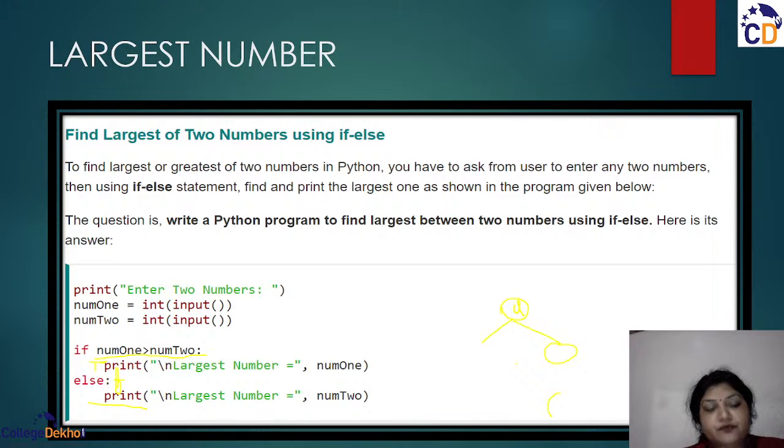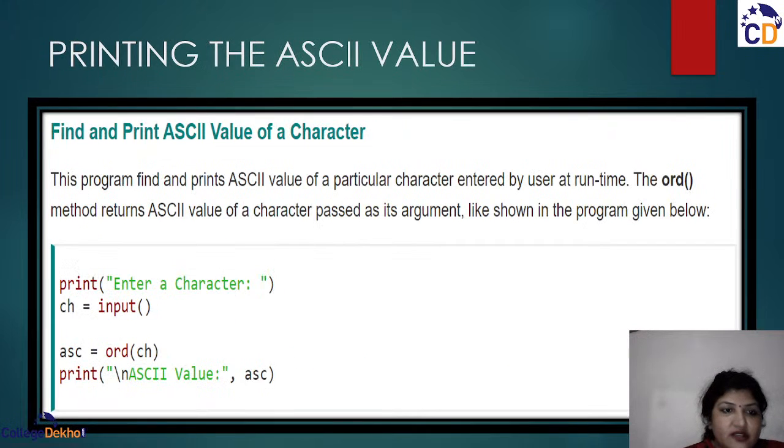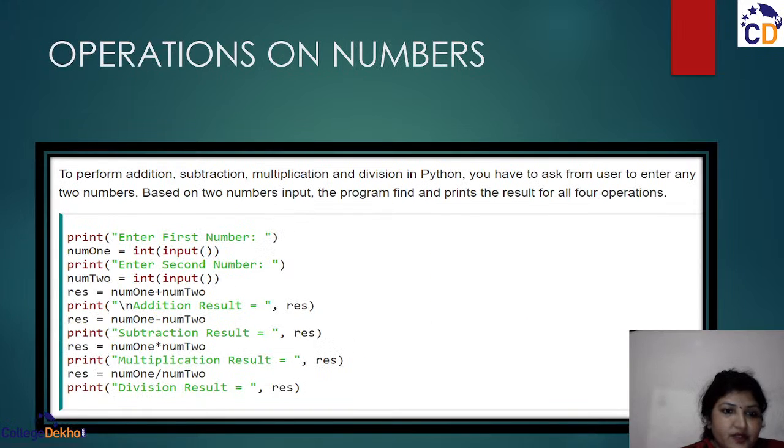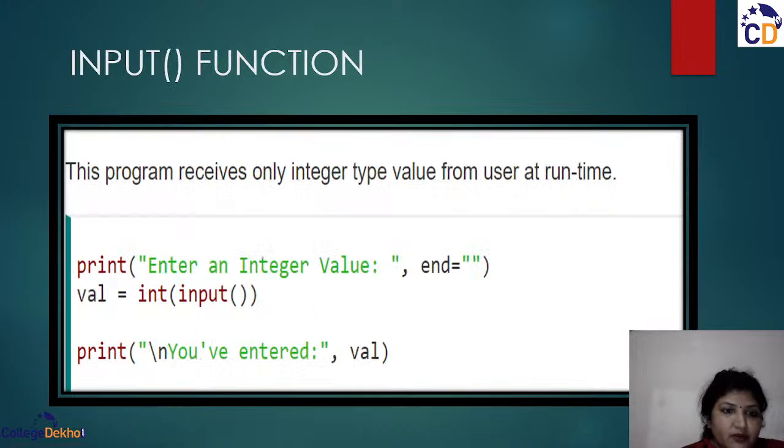And what is the role of the input function? By default, which value is taken by the input function? That is string. And if we need to convert it, we need to mention it like this. I have shown you in this program. Any value that is taken from the user has the data type string.